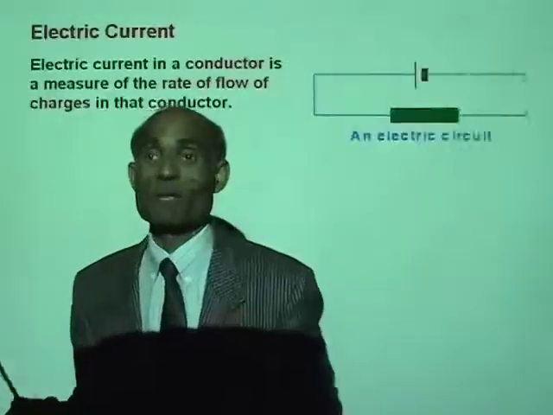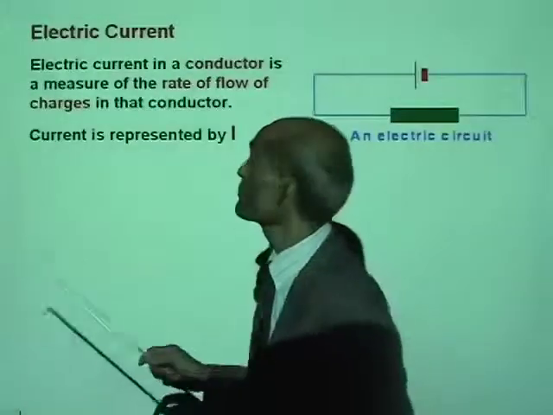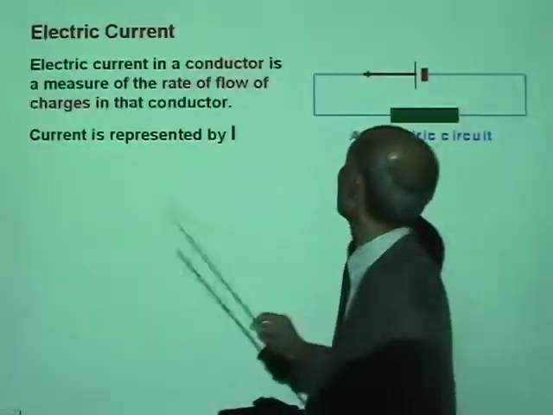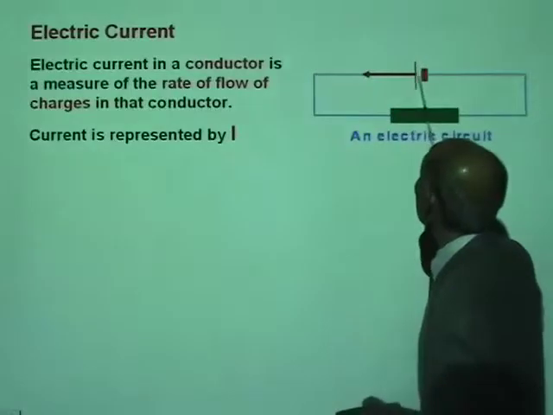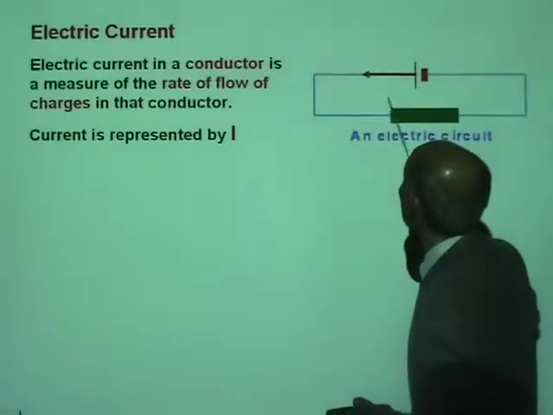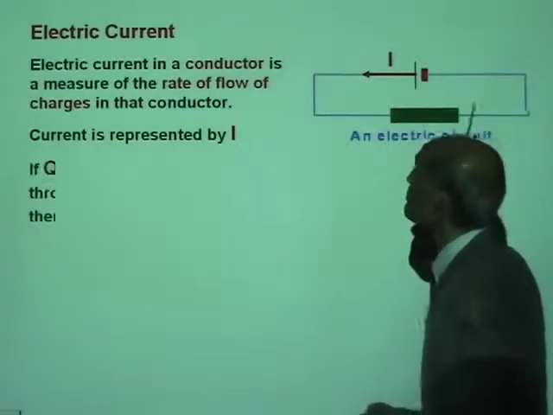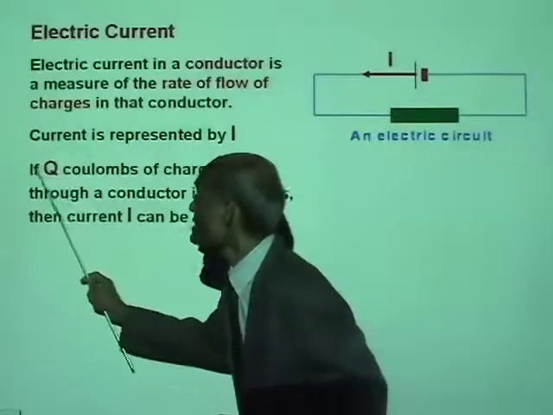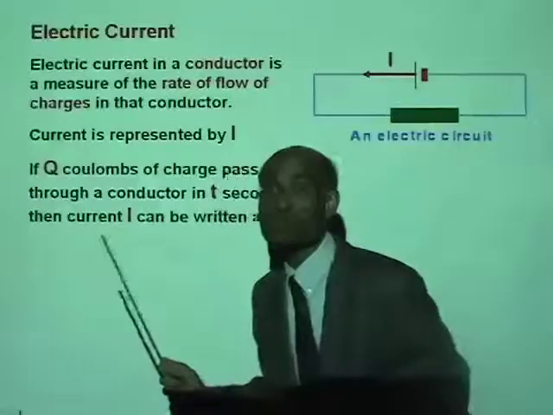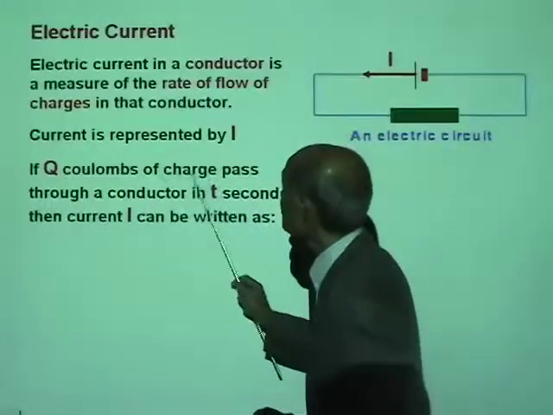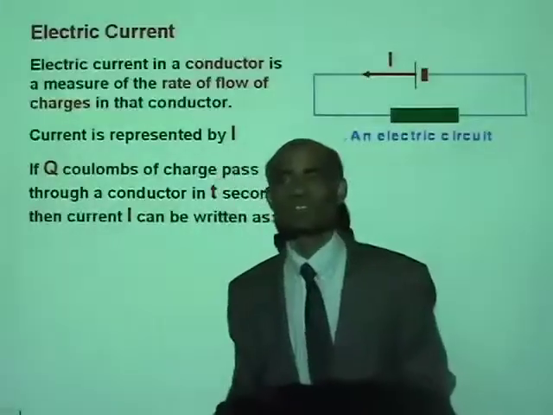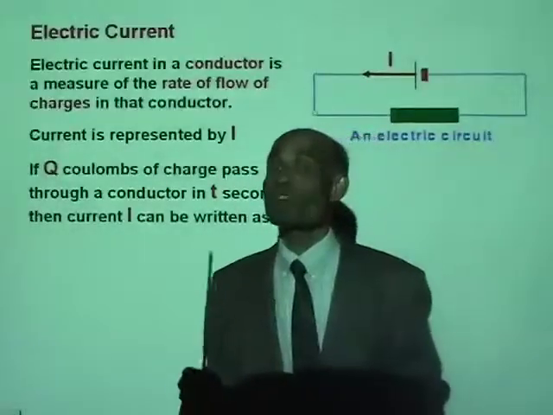You see? Now, we represent current by the letter I. So, if I have a cell connected to a resistor, a current I will flow in the conductor. And if a certain amount of charge Q coulomb passes through the conductor during a time t seconds. What is the definition of current again?